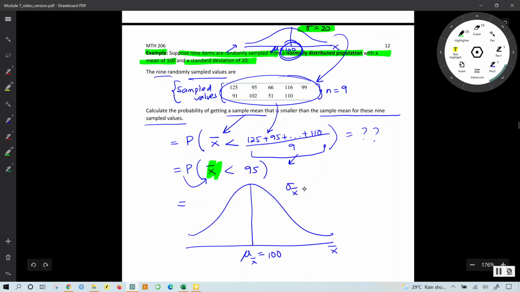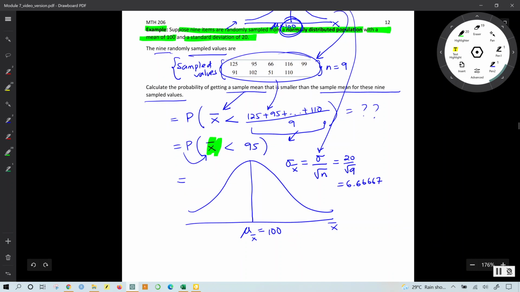So the standard deviation of x bar in this case will be the original population standard deviation divided by the square root of the sample size. And that will be 20 divided by the square root of 9, which will give 6.66667.